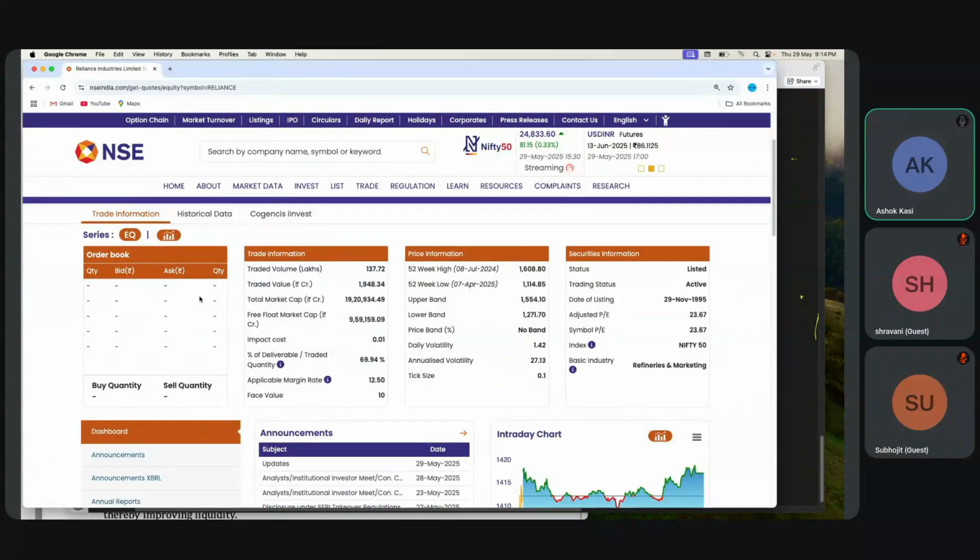Now it is empty because now the market is not open. But otherwise, tomorrow if you see, you will be able to see this. Bid price, best bid, best ask, all those things.